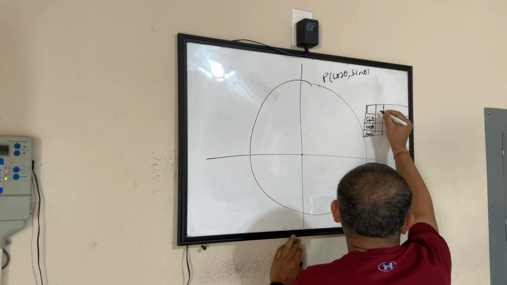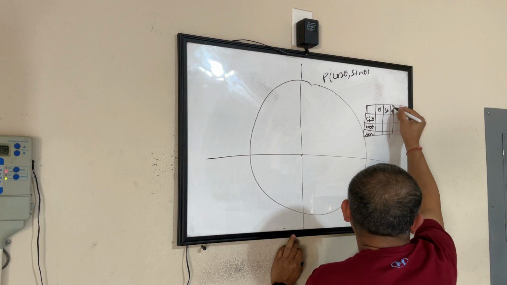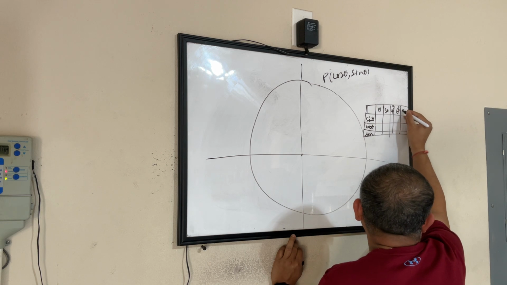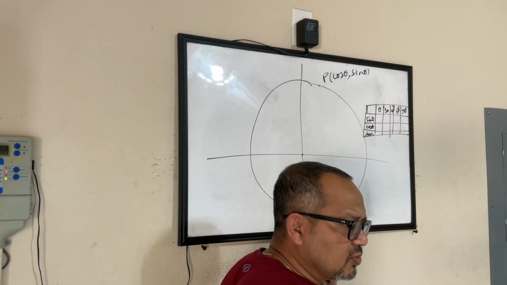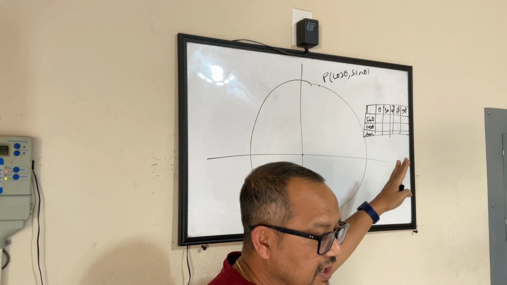We found out the value of 0 degree, 30 degree, 45 degree, 60 degree and 90 degree. These are most commonly used angles, and we derived how those values are arrived at.